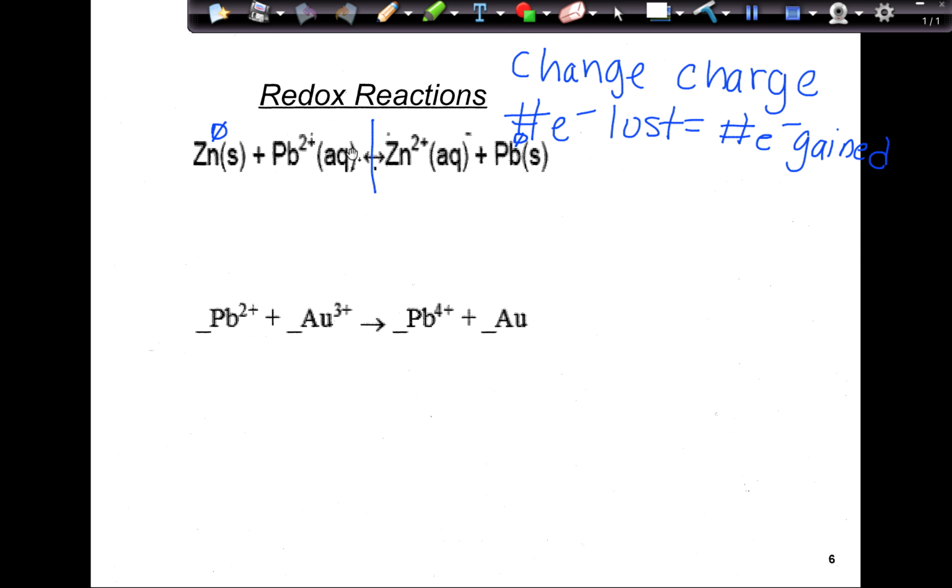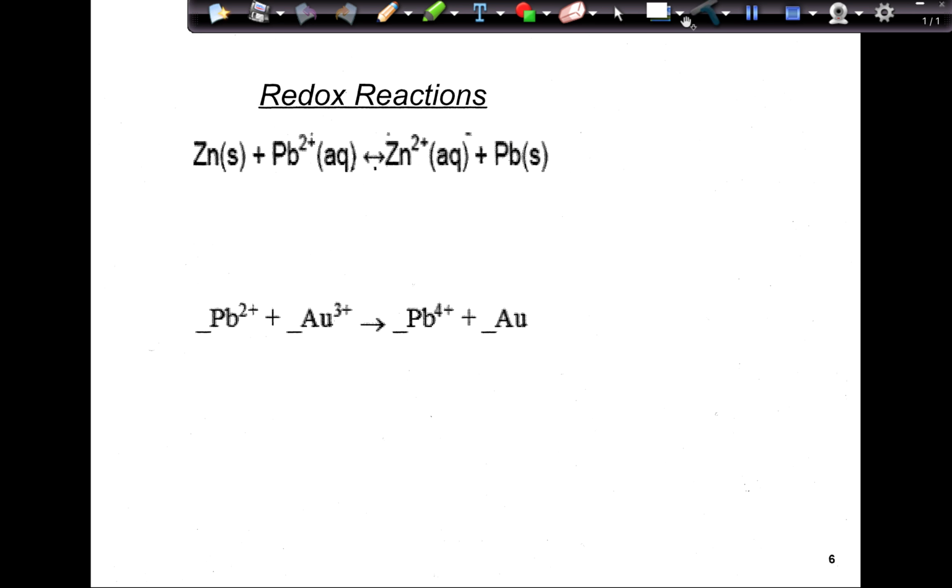So if I wanted to draw or write my half reactions for this, I would separate the reactants and products out by species. So zinc 0 turns into zinc plus 2, Pb plus 2 turns into Pb 0.